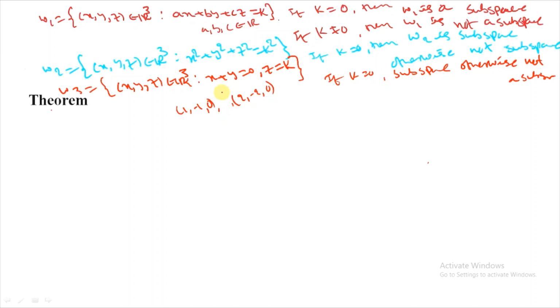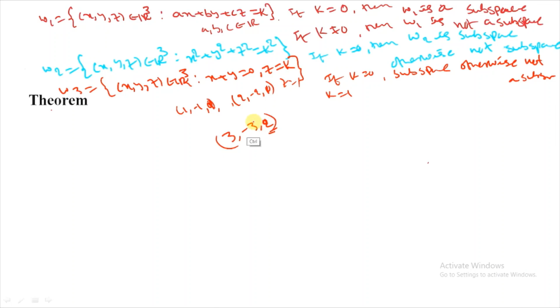When you add the elements in W3 by vector addition, you get 3, minus 3, 0, which is in the subspace. Suppose k is non-zero, say k equal to 1, that means z equal to 1. If you add vectors, we get z equal to 1 plus 1, 2. But here k equal to 2 we are getting, so it's not such a vector addition.